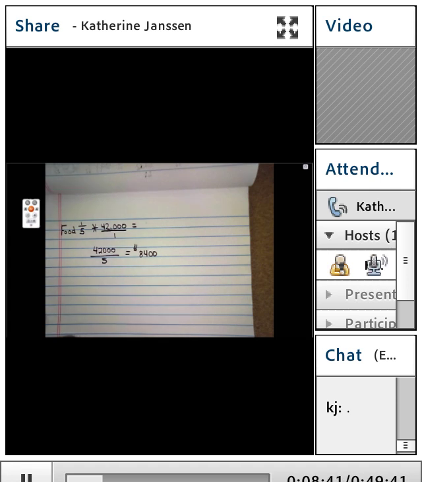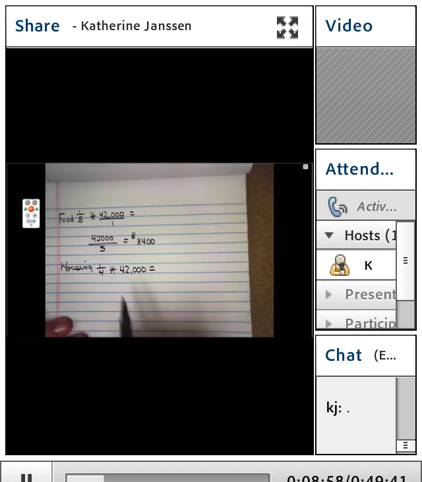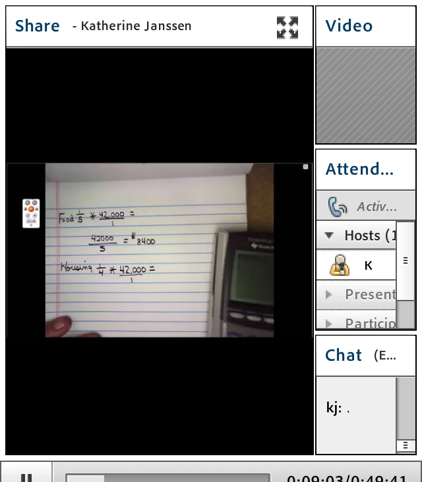My next category is housing. And 1/4 is spent on housing. 1/4 of my total earnings is spent on housing. 42,000 can be written as 42,000 over 1. Multiplication of fractions is a piece of cake.